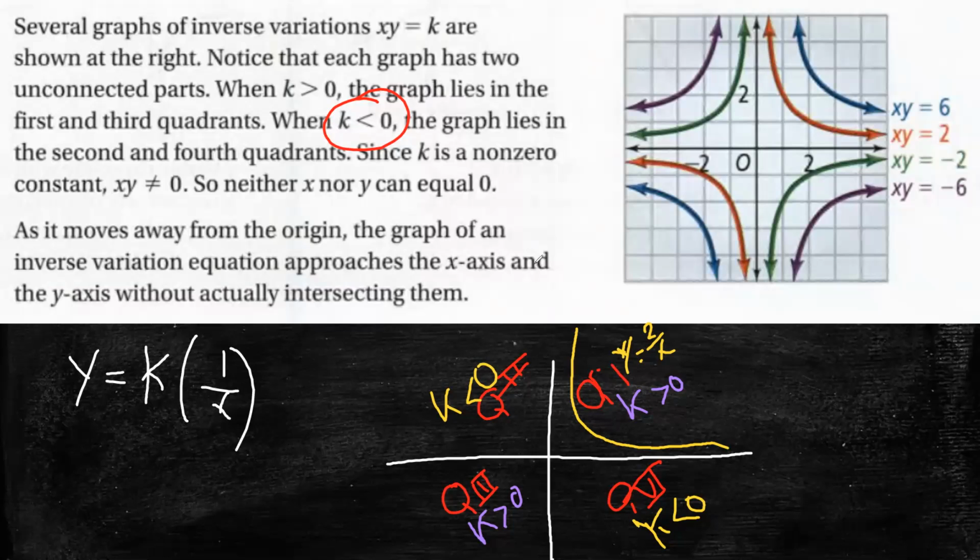So if you draw it in 1, you must graph its mirror in quadrant 3. Or if you draw it in quadrant 2, you must graph its mirror in quadrant 4. Because it must be in both, quadrants 1 and 3 if k is greater than 0, and 2 and 4 if k is less than 0.